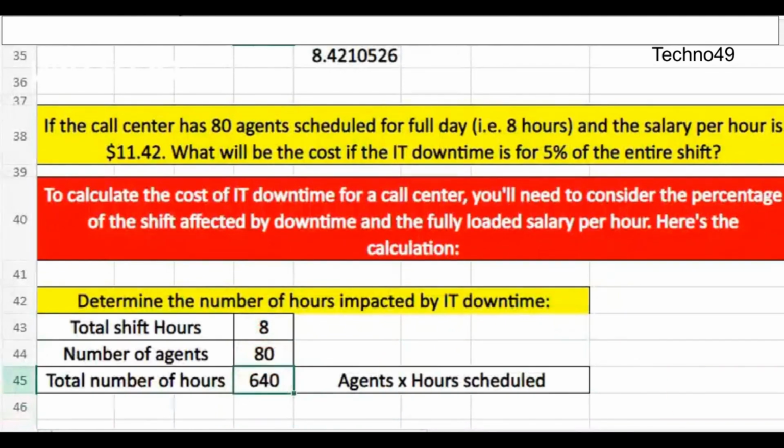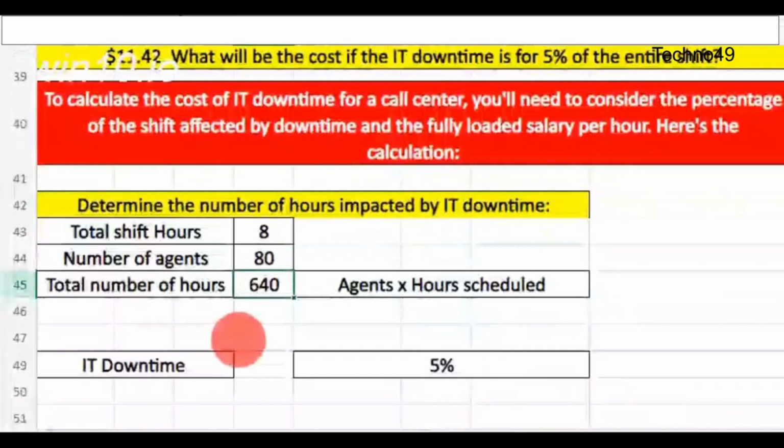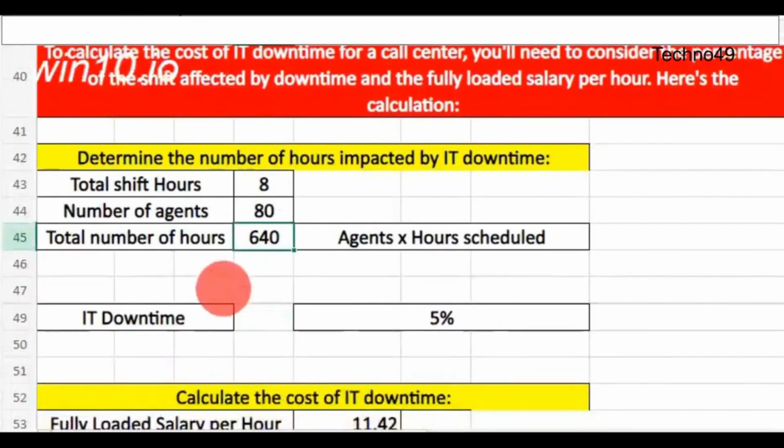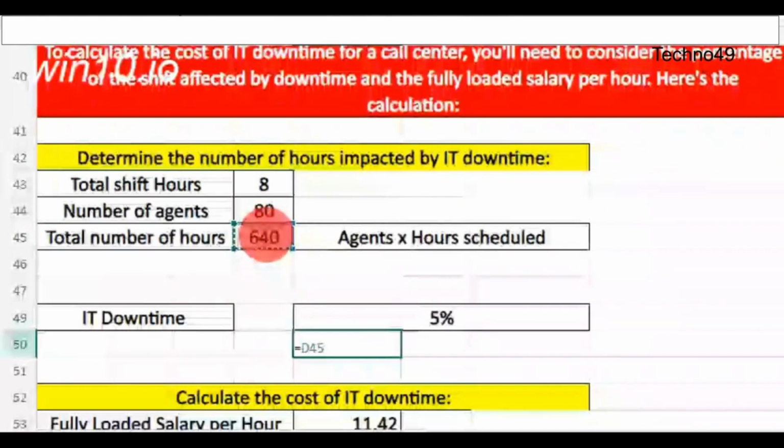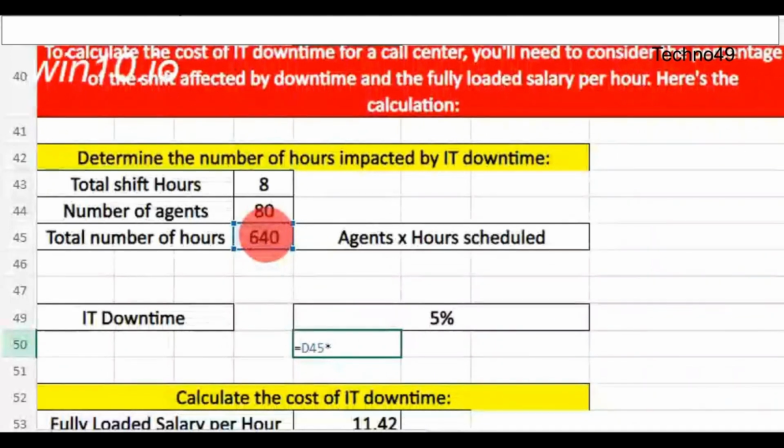On the basis of that, we can find the IT downtime if we have 5%. So simply calculate 5% of the total number of hours. That would be 640 multiplied by 5%, which is 32 hours.